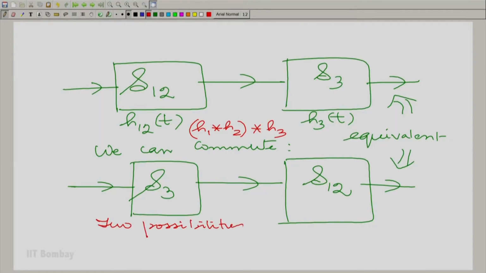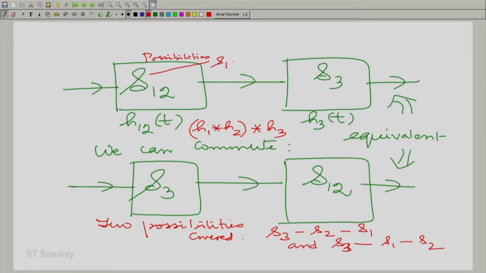So, here two possibilities are covered, S3 followed by S2 followed by S1 and S3 followed by S1 followed by S2. Both of these are covered. Now, here what are the possibilities that are covered? You could have S1 followed by S2 and then followed by S3, or S2 followed by S1 followed by S3.